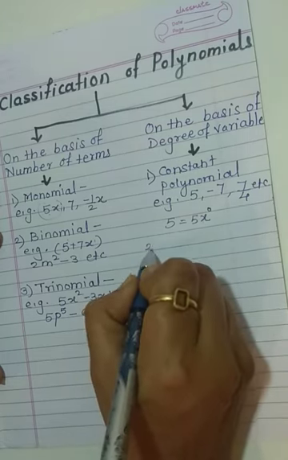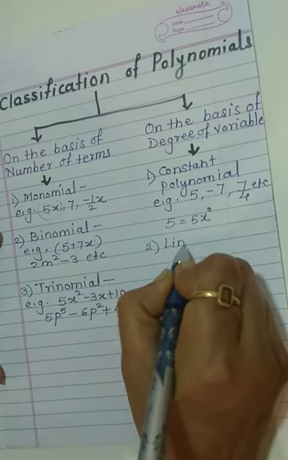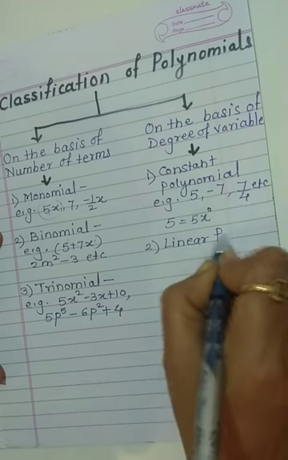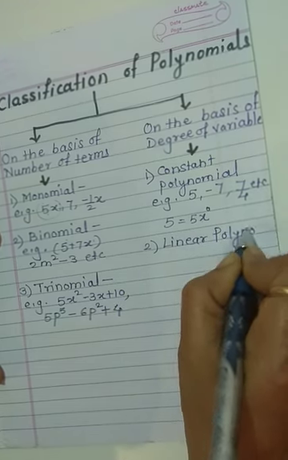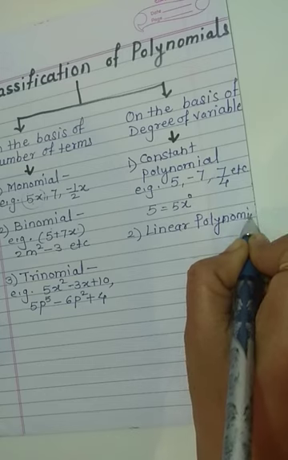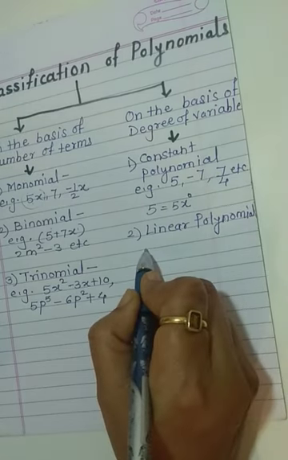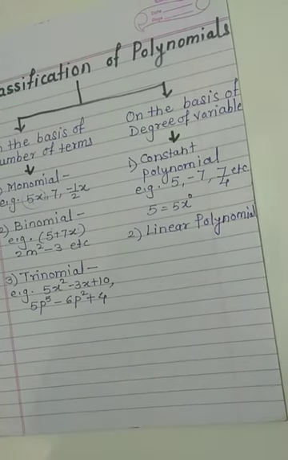Now the next type is linear polynomial. Now in this, a polynomial having degree 1 is called a linear polynomial.